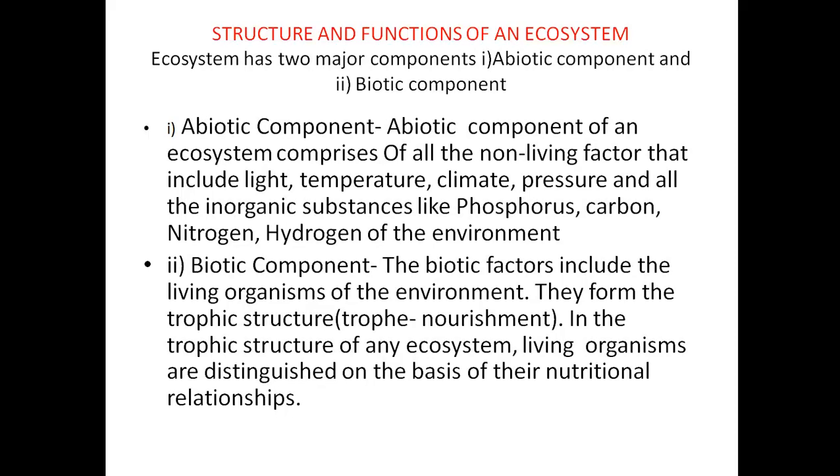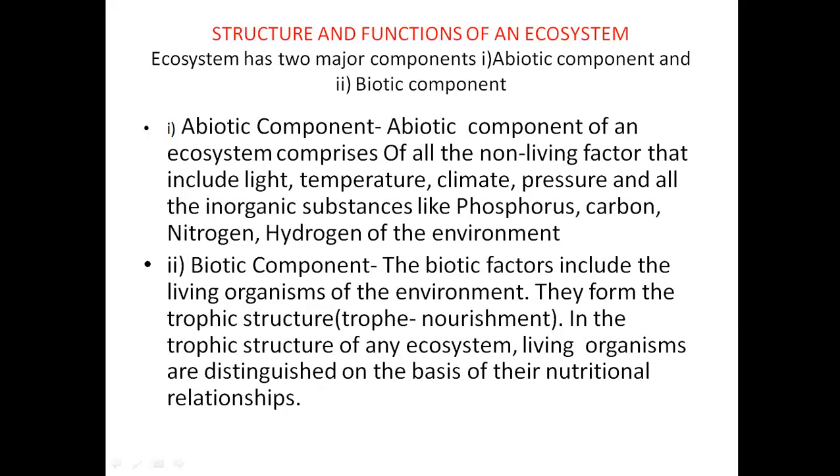Now let's take the structure and functions of an ecosystem. Now ecosystem has two major components: abiotic component and biotic component. First we should talk about what is biotic component. The word bio means living.